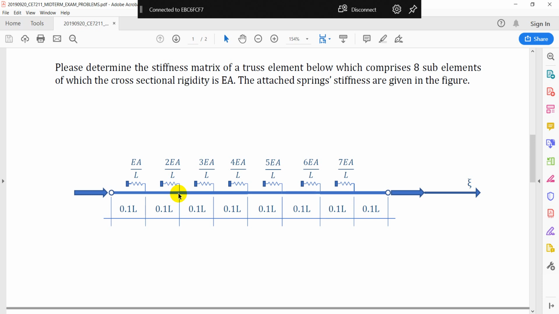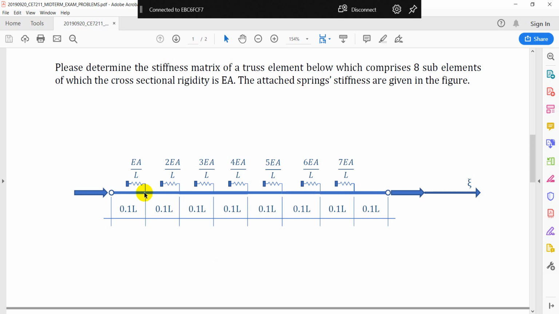So basically this is pretty much like a pile. You have the pile driven into the soil, and then you have some sort of soil spring resistance along the length, along the axis of the pile, and that is the visualization or idealization of the problem.